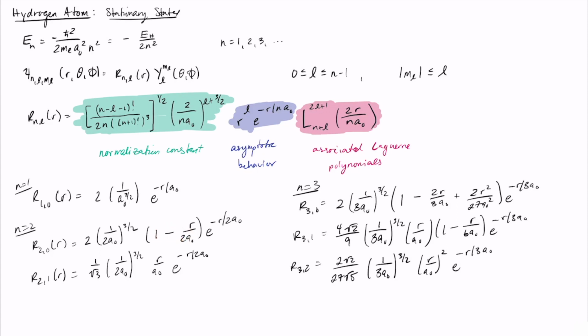Okay, now the final thing to note, although it requires some explicit calculation to see, is that all of these functions, each of these ones that I've written, are orthogonal with respect to each other.